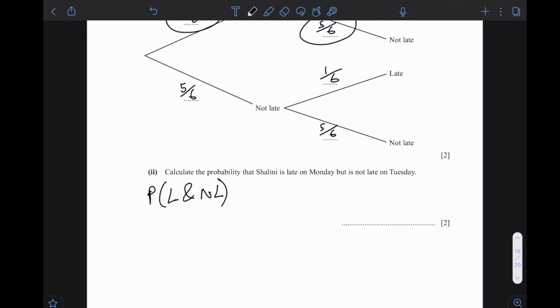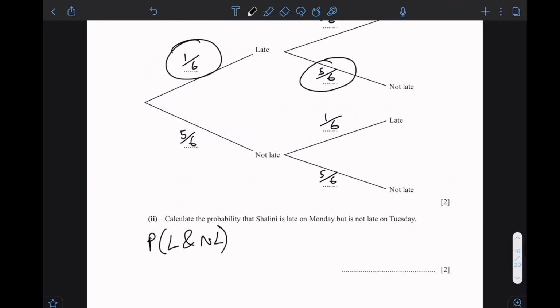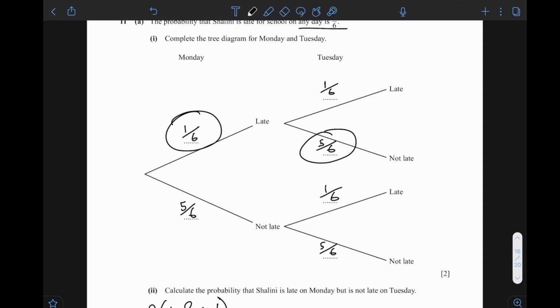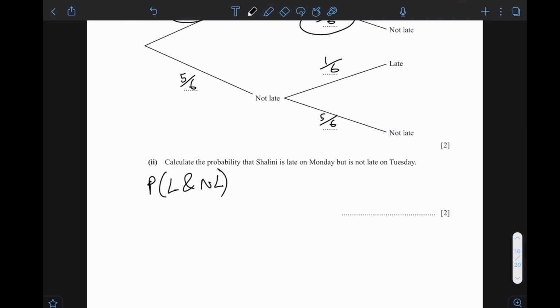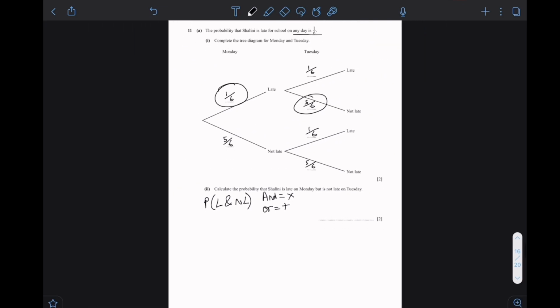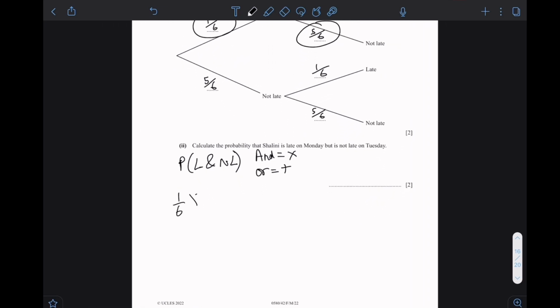That means if she's late on Monday, she should not be late on Tuesday. It's one specific outcome. If they said she's late on Monday or late on Tuesday, then you can just do addition. But when they include the word and, it should be multiplication, and if it says or, it should be addition. So in this case, it will be 1 divided by 6 multiplied by 5 divided by 6, which is 5 divided by 36.